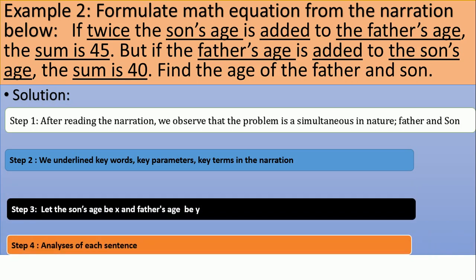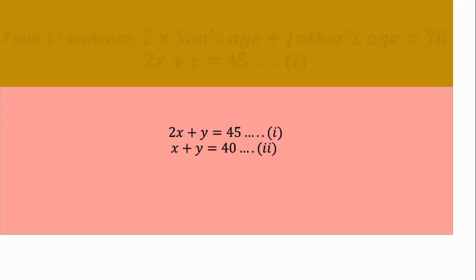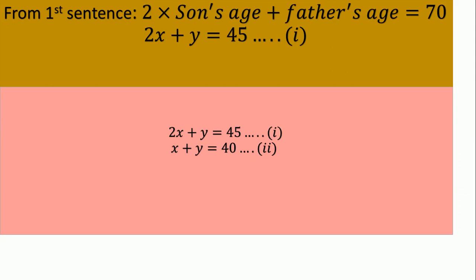We move to the fourth step, which is analysis of each sentence. When you analyze the first sentence, you see that twice the son's age added to the father's age, twice the son's age, which means 2 times the son's age, added to the father's age equals 45. And that gives 2 times x plus y equals 45, equation 1.